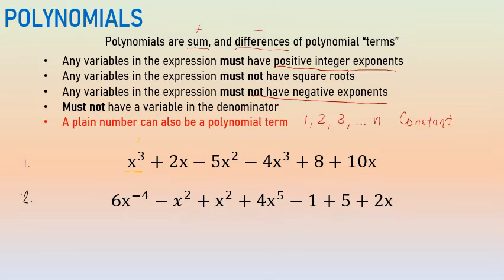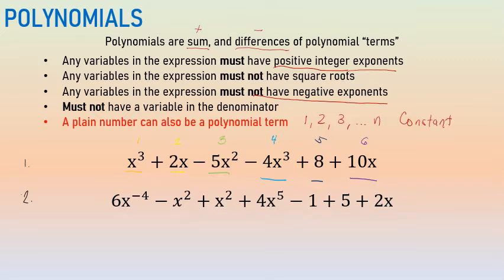Second polynomial term, 2x. Third polynomial term is 5x squared. Then the fourth polynomial term, 4x cubed. We have our fifth, which is our constant, 8. And the sixth term, 10x.